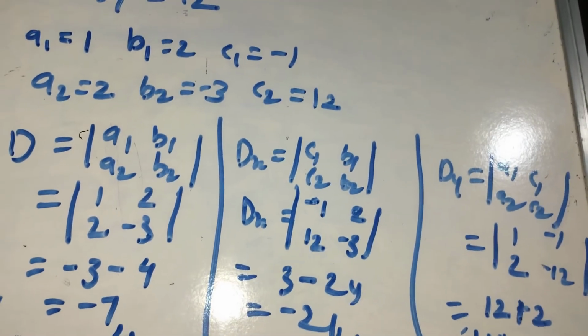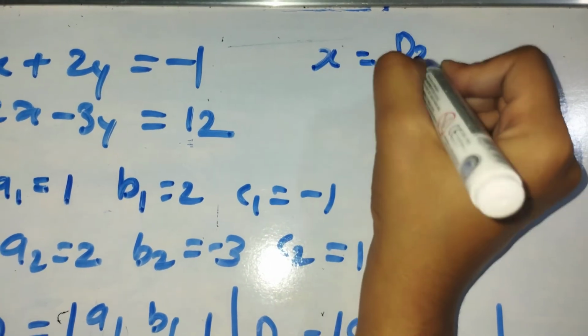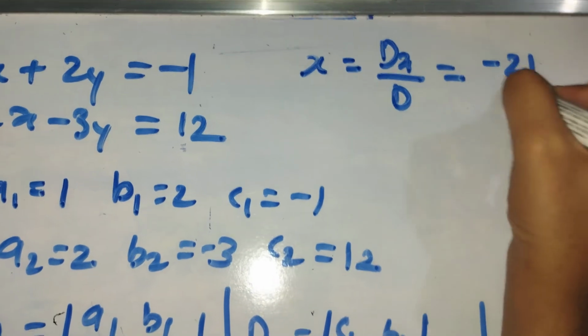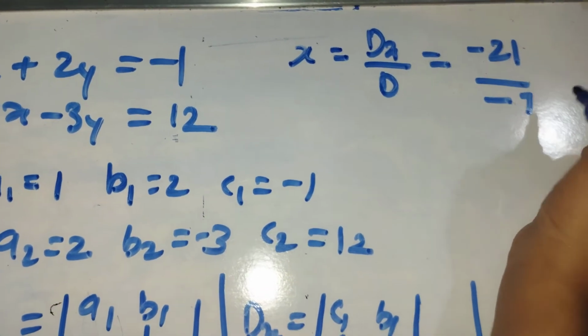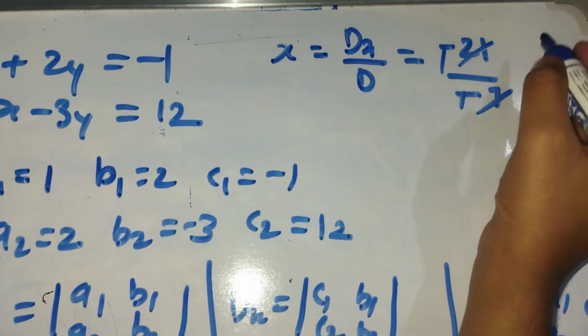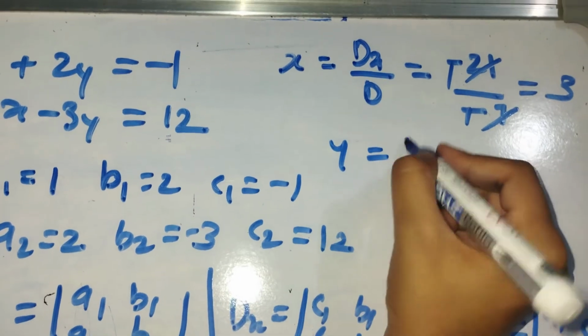Now we have to find the x and y values. Okay, so now we find x, which is nothing but dx by d. So dx is nothing but minus 21, and d is your minus 7. Minus will get cancelled, and 7 3s are 21. So 3 is your x value, and y equals dy by d.